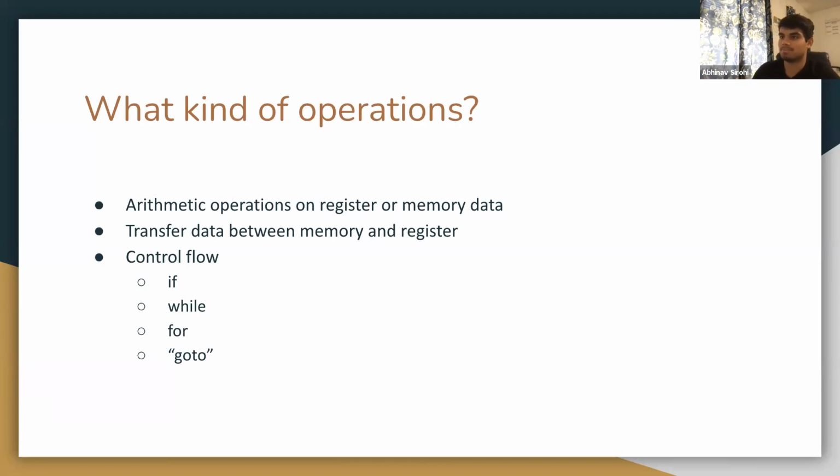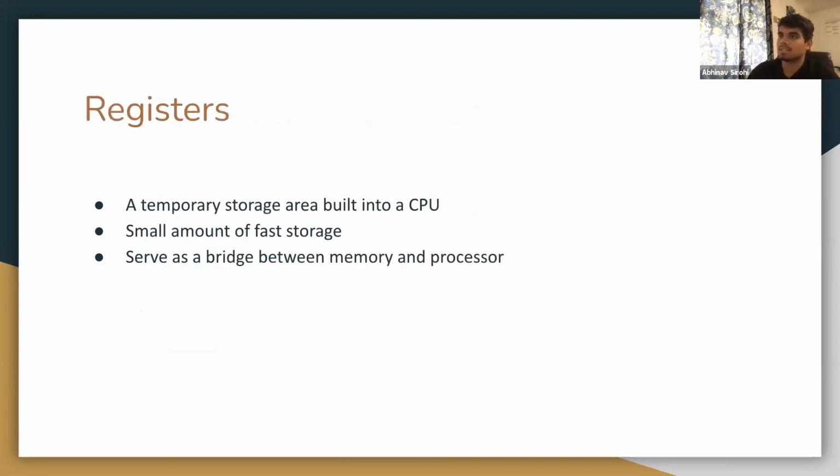Then you have the assembly equivalents of your if statements, while loops, for loops, and gotos. We also went over what registers are: places in the CPU where you can store things temporarily, and the CPU can access them very quickly.